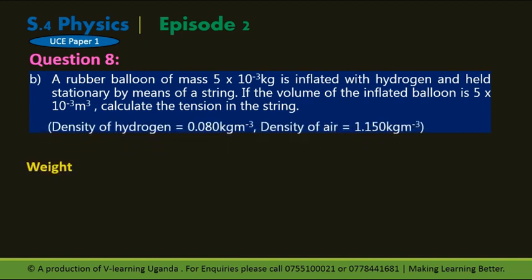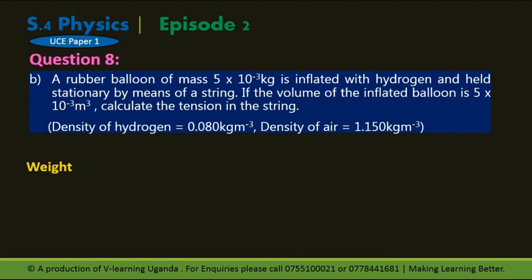We're going to perform this calculation, but we realize that in our calculation now, we're looking at the rubber balloon of mass, that one, inflated with the hydrogen and held stationary in air by means of a string. So in this case, we shall first look for the weight.